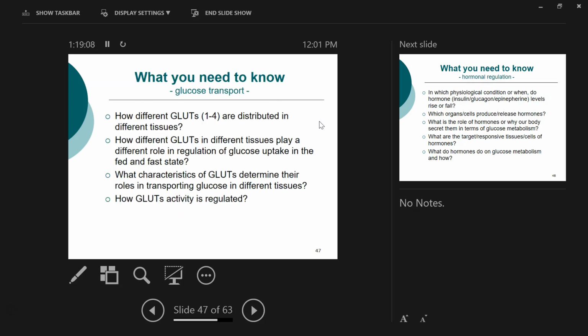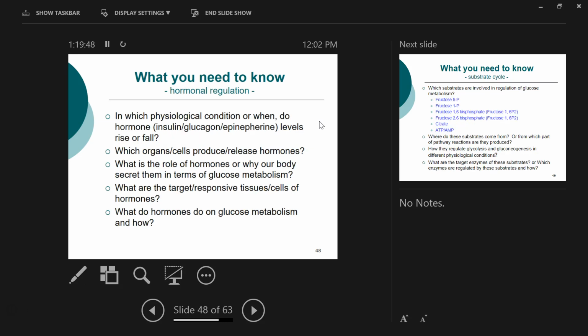Okay, so I think I will finish this unit. I listed many questions, points that you need to know for this. For example, how the different glucose transporters 1 to 4 are distributed in different tissues, like which tissues have higher GLUT4 or which have higher GLUT2, right? And how different glucose transporters in different tissues play different roles in the regulation of glucose uptake, in the fed and fasting conditions, and more.